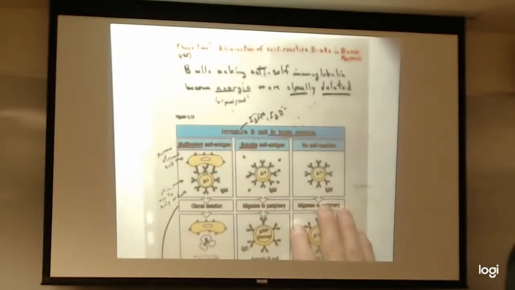And you should remember that when I say B cells, most of the time when we're talking about B cells, they're now more properly called the B2 cells. And there's these B1 cells, which are more primitive.